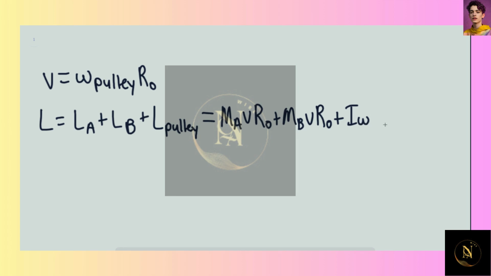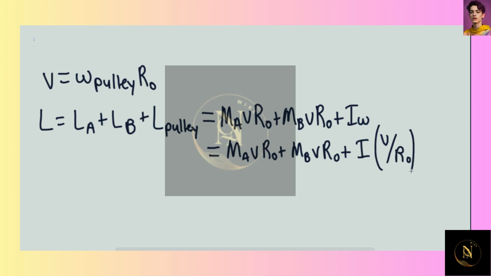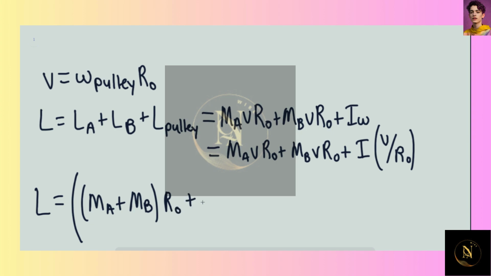And so we can say this would equal m sub A V R plus m sub B V R plus I times V over R. We can then say that the angular momentum would equal the sum of the masses m sub A and m sub B times R plus I over R, multiplied by V. This would be your answer for part A.